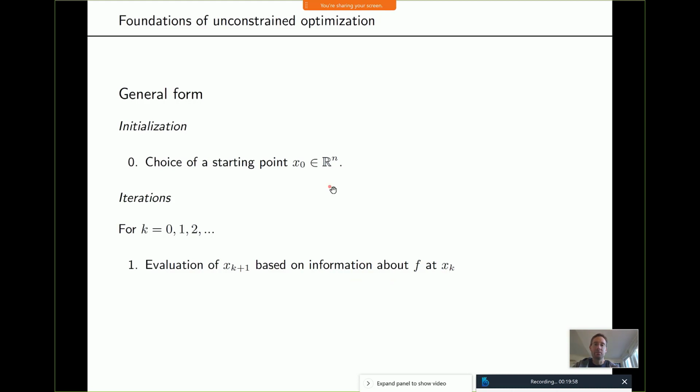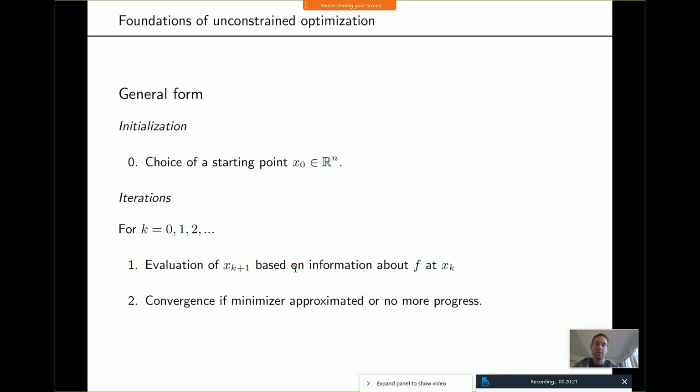So think about the logic here. You start with x0, and then you evaluate x1, because your k is 0, based on information about f at x0. So you do something with f and x0. What you do depends on the method, and we will see that.